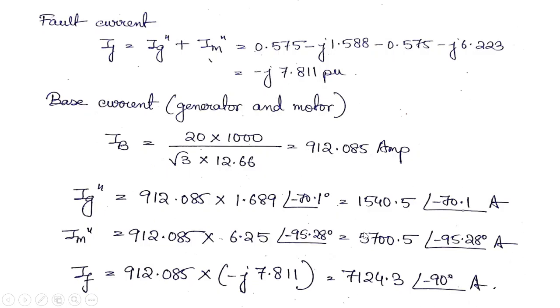So Ig'' is equal to 1540.5 angle minus 70.1 ampere. Im'' is equal to 5700.5 angle minus 95.28 degree ampere, and If is equal to 7124.3 angle of minus 90 degree ampere.